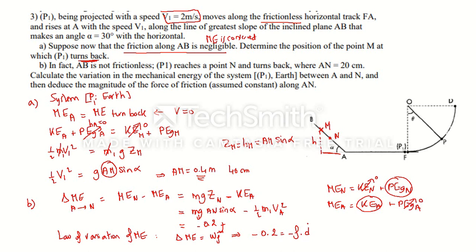And on the incline, this displacement is from A to N, so it's AN. This means that minus 0.2 equals minus F times AN. I have the value AN is 0.2 meter. And then I can find F, so we obtain F equal to 1 Newton. This is the value of the friction.